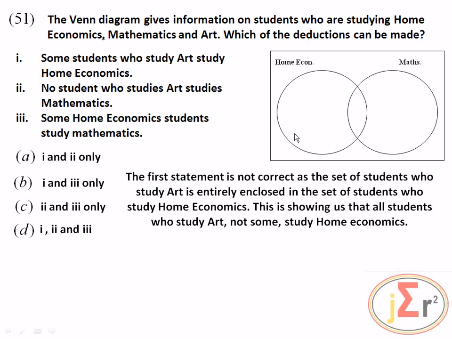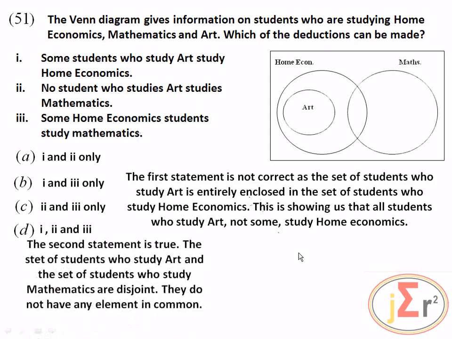So we realize that since it is entirely enclosed in this set, we are sure that all who study art, not some, study home economics. We are sure that the first one is incorrect.